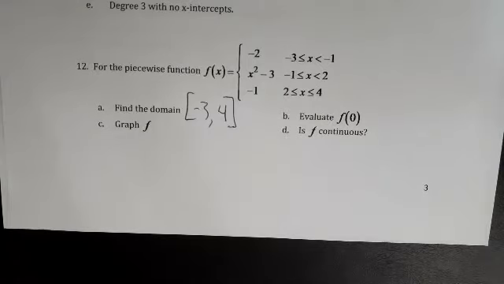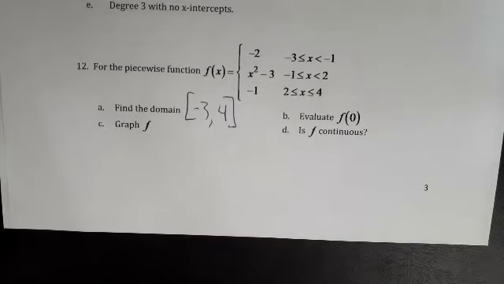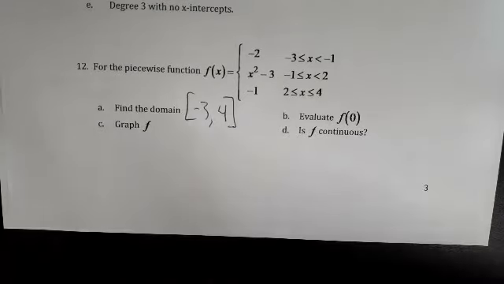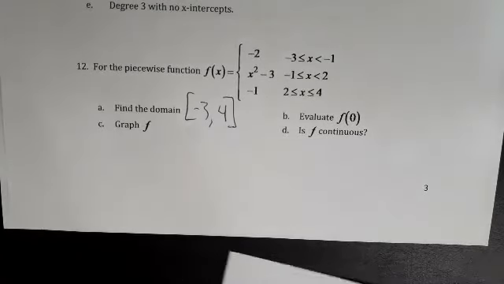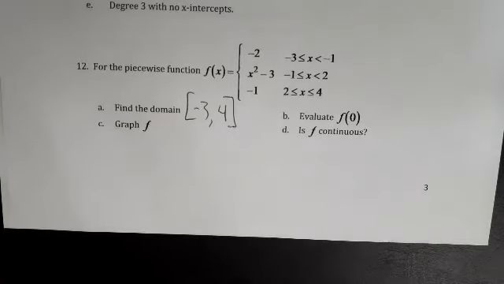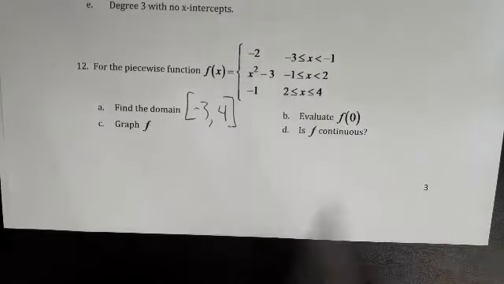You want to evaluate f of 0. So this is one thing I would say. If you give me 3 numbers when I ask you to evaluate a piecewise function, you are absolutely, completely, totally incorrect. There should be one thing you give me when I say evaluate f of 0. So you have to know which one to plug it into. What people will do is they will just start spinning out every single thing, plug in 0 for everything. And it's like, nah, that's not what it means.